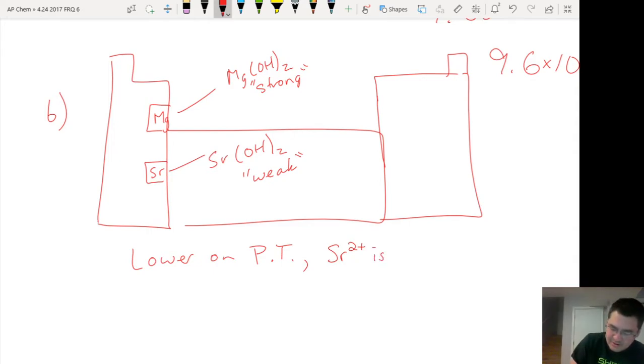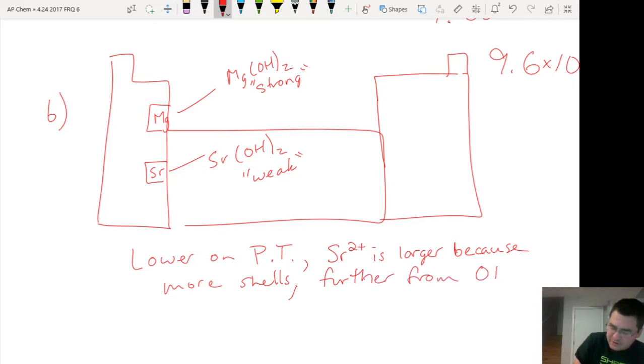It makes it larger, because it has more electrons in more shells. So it's further away from the OH, so the bonding isn't quite as strong. Correct. So it has a larger bond distance.